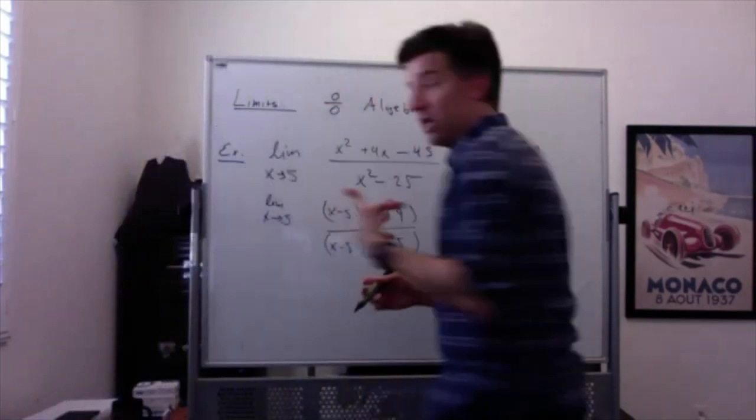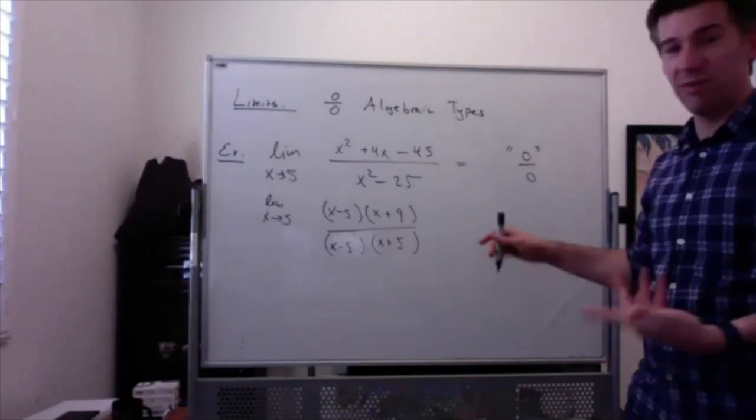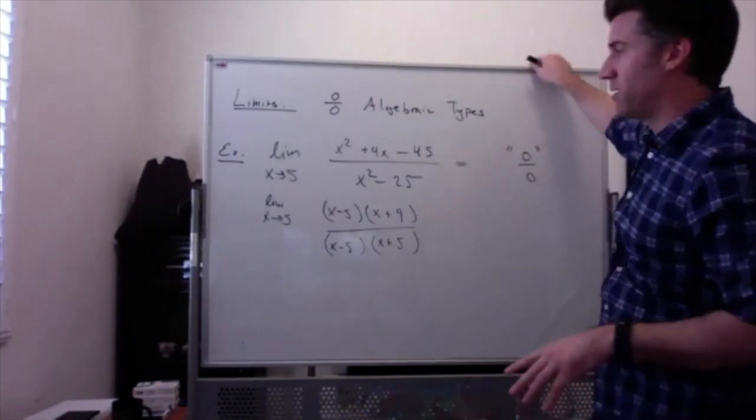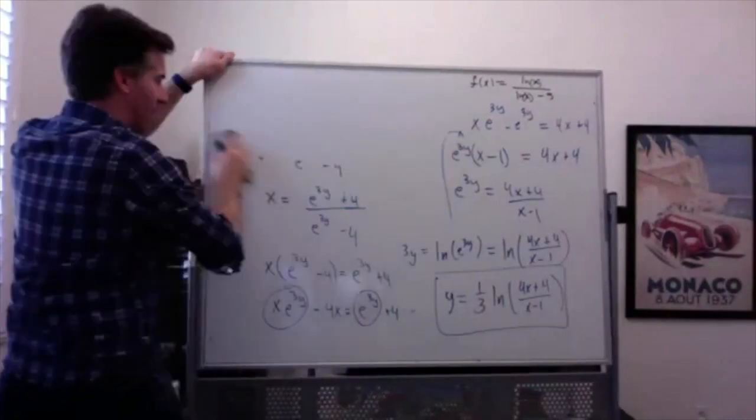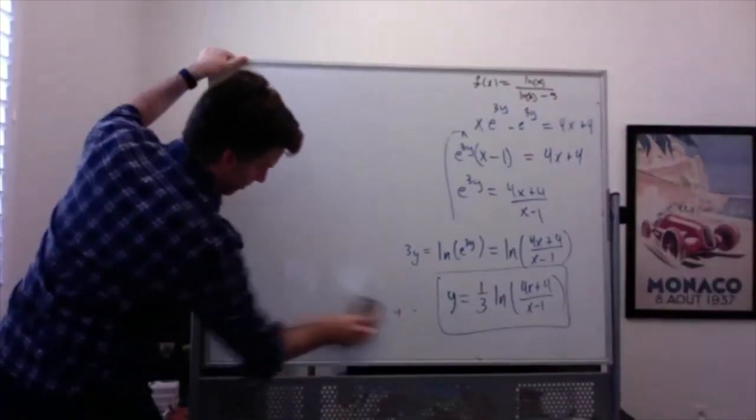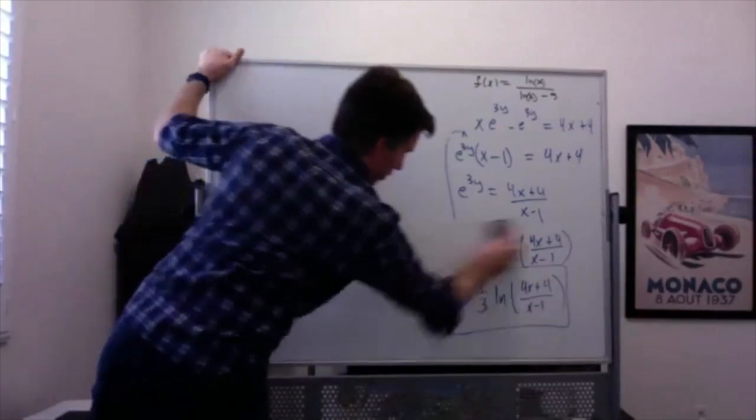And here's the thing I want to point out. In fact, I'm going to go away from this for a second. This thing I'm about to say is very much related to function equality.